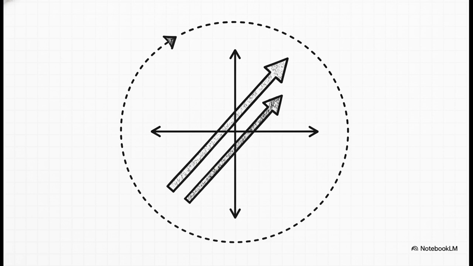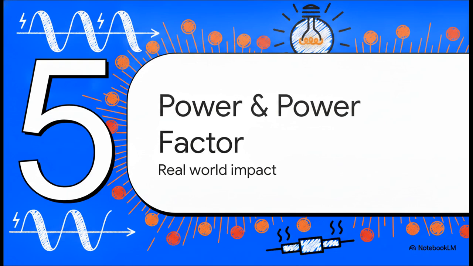Because we just established that voltage and current are perfectly in phase through a resistor, their phasor vectors are drawn perfectly parallel to each other. They point in the exact same direction, visually proving a phase difference of 0. Imagine these two parallel arrows just rotating together smoothly along the axes, completely locked in step as the AC cycle progresses.